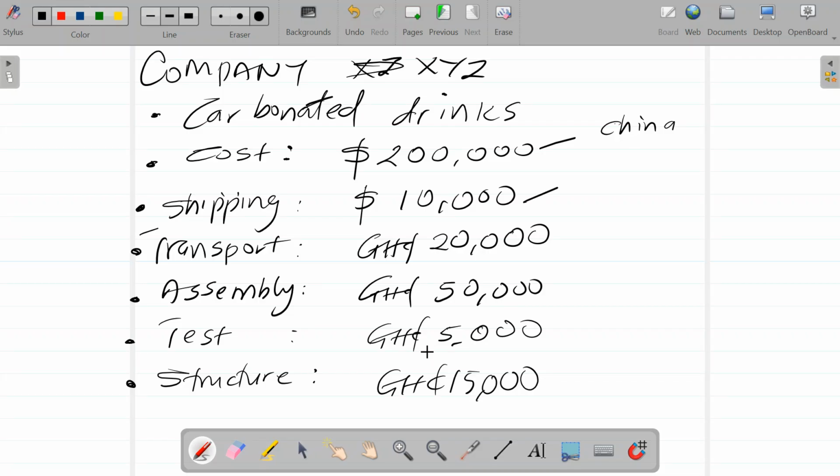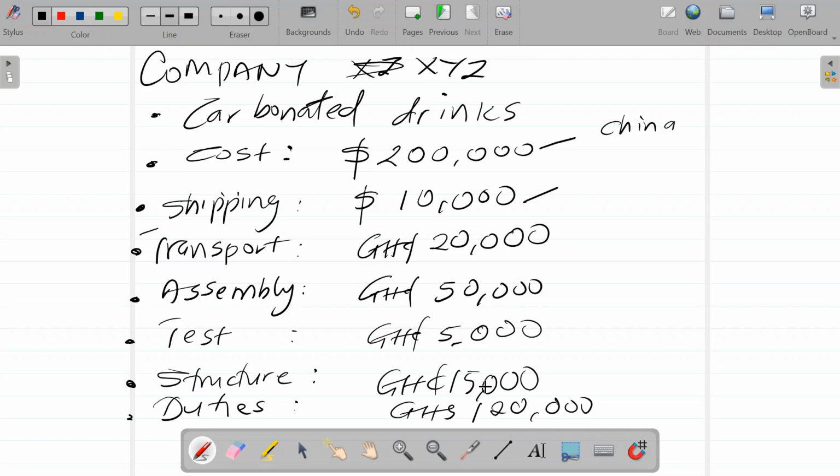Now we have to pay duties. I think I have not added duties. By all means, when you get to port, you pay duties on it. So we pay duties of maybe 120,000. What else?